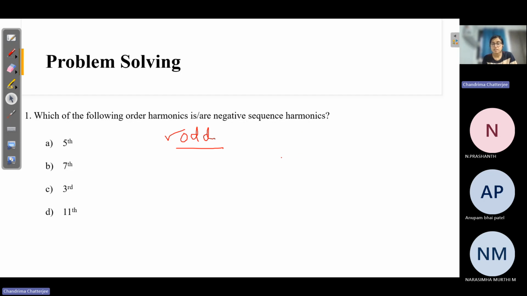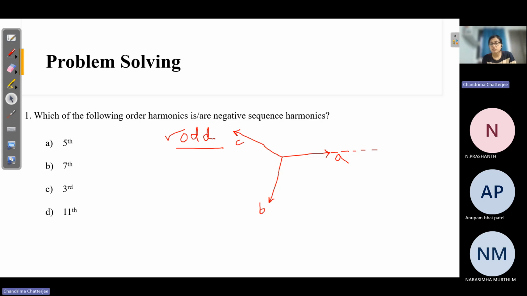Now, in power systems, we define the phase sequence usually like this. This is suppose A, and this is the reference one. And this is B, and this is C. Okay.